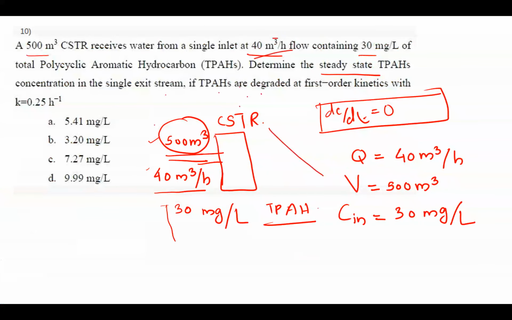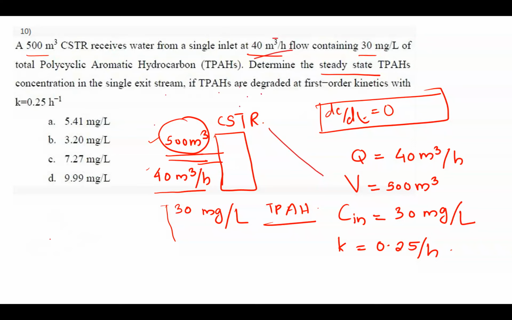Then apart from that, one more thing is given, which is k, the degradation coefficient. They have given k is equal to 0.25 per hour. This is the whole set of known quantities.